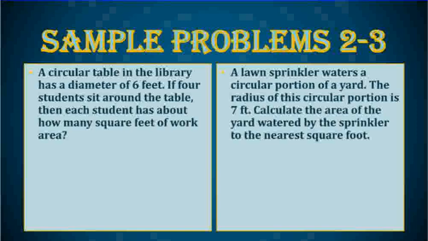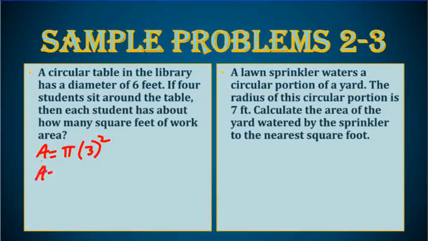Next, the circular table in the library has a diameter of 6 feet. If 4 students sit around the table, then each student has about how many square feet of work area? So first off, we need to know the area of the circular table. I would do pi times the radius. Since the diameter is 6, half of 6 would be 3, so it would be 3 squared.